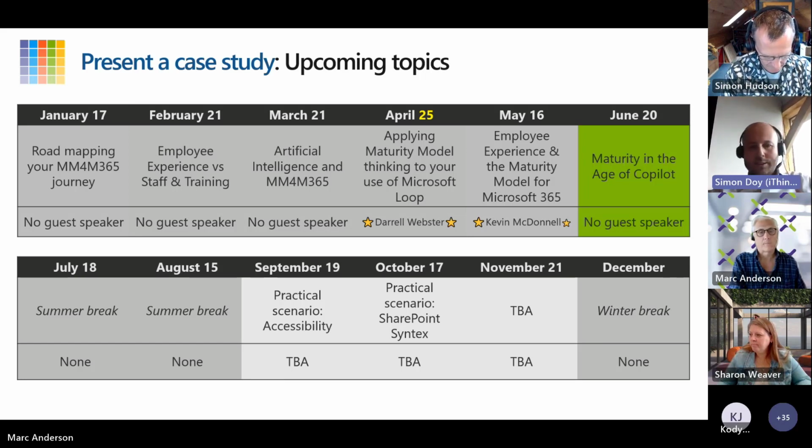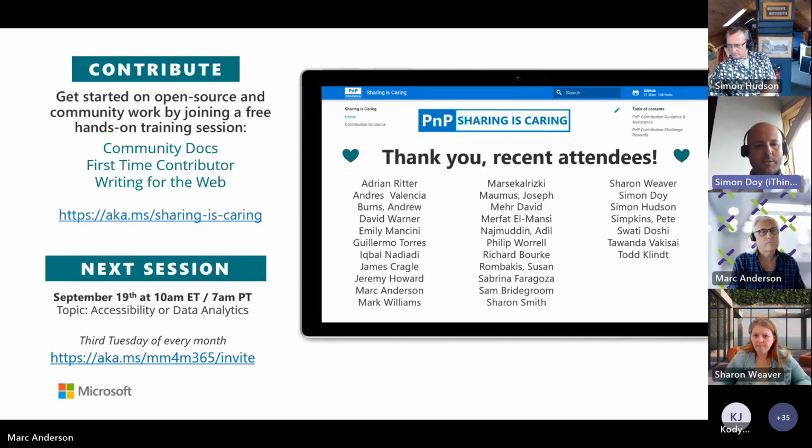Hopefully it all stays sunny in the UK. It's currently pouring down with rain at the moment, but we'll be back on September the 19th talking about accessibility. We will come up with a guest speaker for that as well. So the next session is going to be September the 19th.